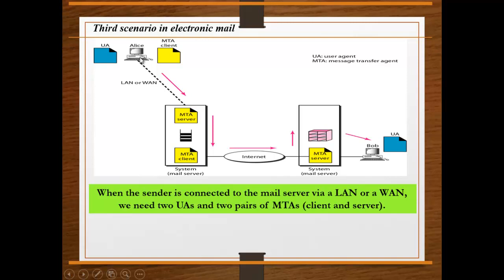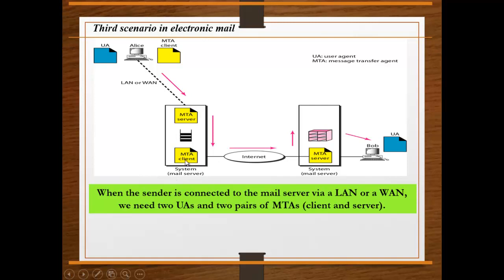Alice will write the message using the user agent and transmit it to the MTA client which is running in the system. Every application layer will have an MTA client running. This MTA client, over the internet, will transmit it to the MTA server, and this MTA server again sends it to the client of the mail server.